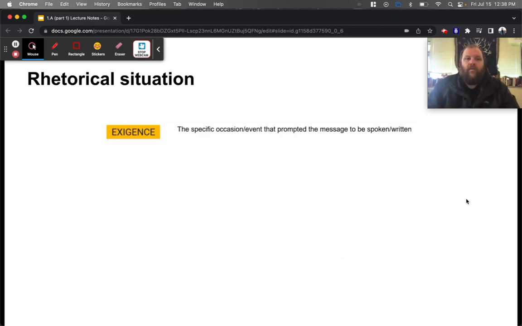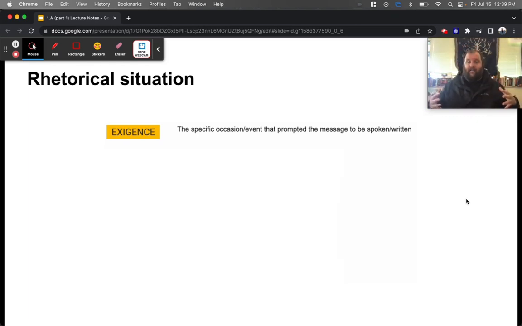All right. The rhetorical situation includes, starting with, the exigence. Exigence. That is the specific occasion or event that prompted the message to be spoken or written in the first place, right?